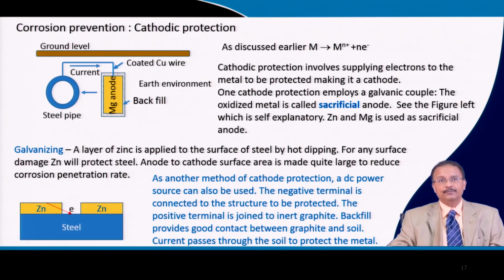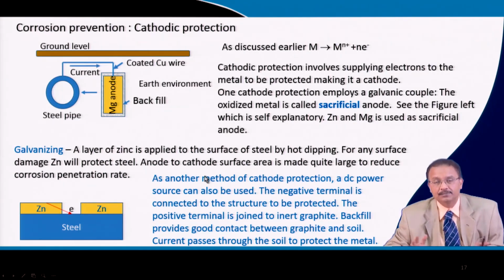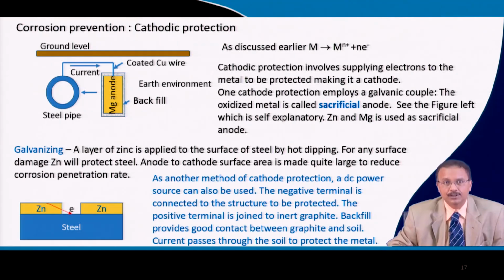Galvanization is another way. A layer of zinc is applied to the surface of steel by hot dipping. For any surface damage, the zinc will protect the steel. The anode to cathode surface area ratio is made quite large to reduce the corrosion penetration rate, as I talked about earlier. As another method of cathodic protection, one can use a simple DC source.